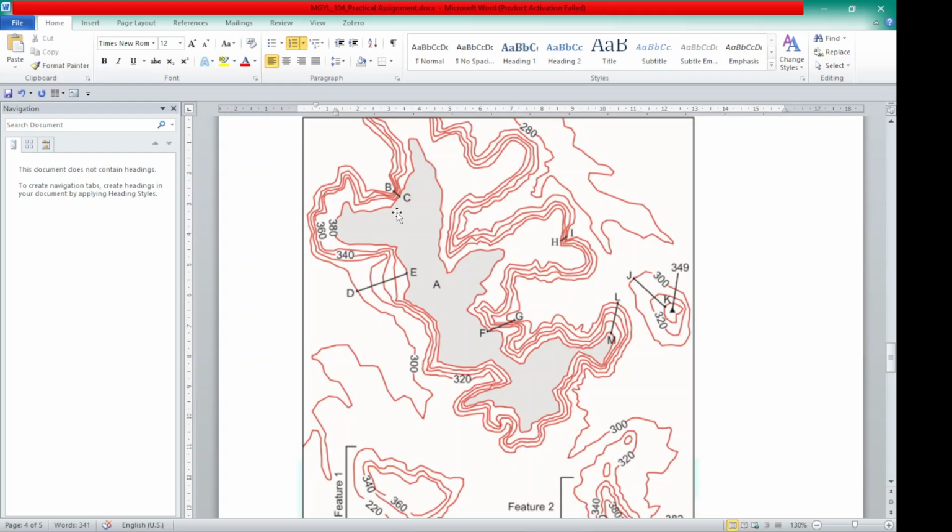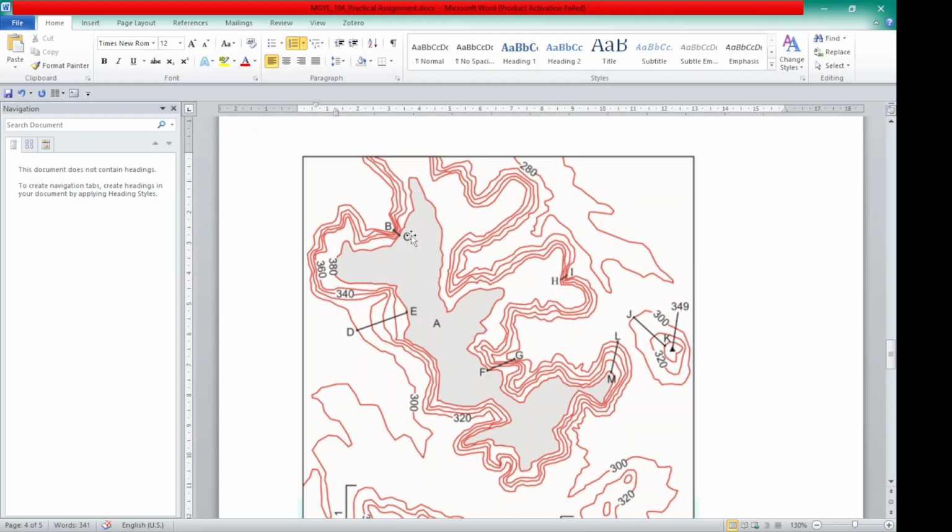Between B and C, this is a waterfall. How do we know that it is a waterfall? Because the lower contour is 300, the upper one is 380. So this has to be a steep slope where there is a waterfall.